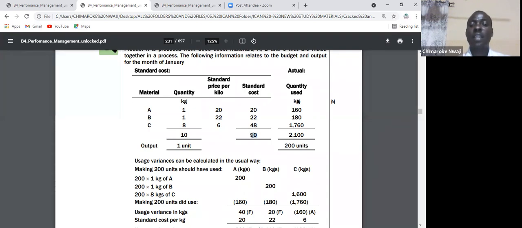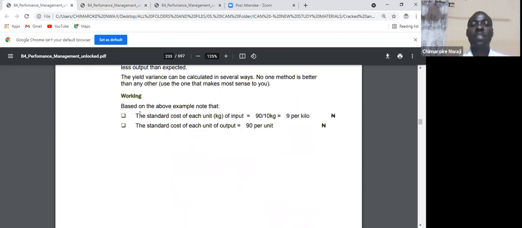That's it, 90 naira is what we spent on 1 unit. And we spent it on 10 kilograms. So it means the standard cost for each kilogram: if you spend 90 naira on 10 kilograms, it means 9 naira per kilo. And of course, 90 naira per unit.